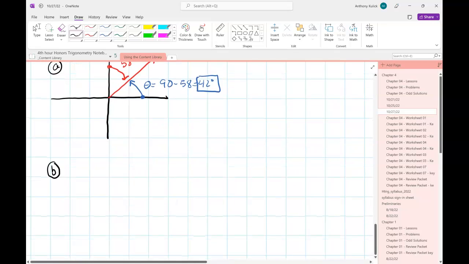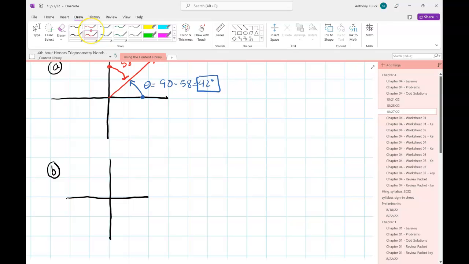So 164. What quadrant are we going to end up in with our bearing of 164? Quadrant 4, right? So we're 90 degrees to here, and then 74 more will get us to here.